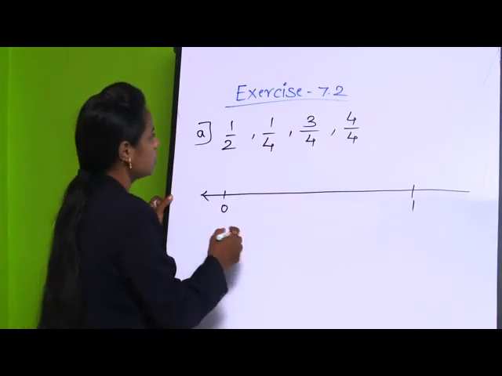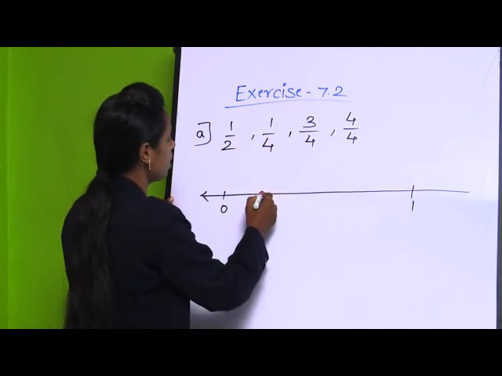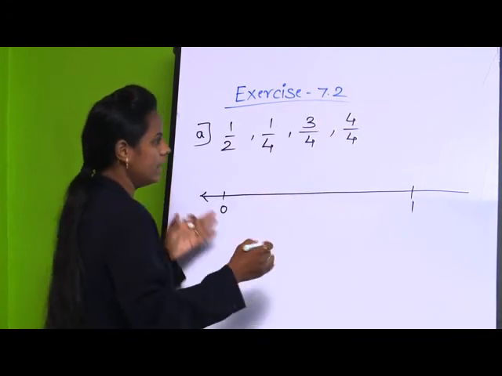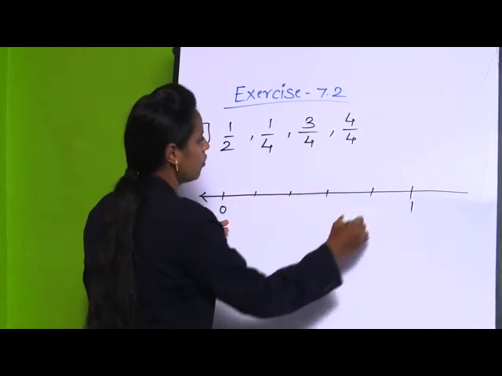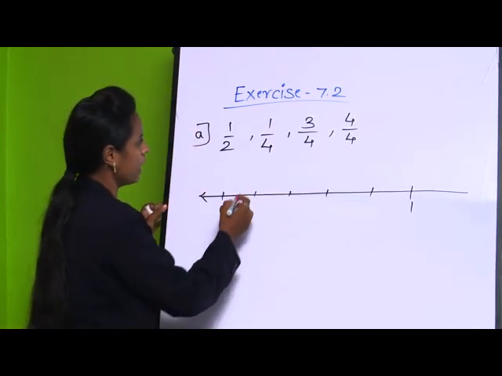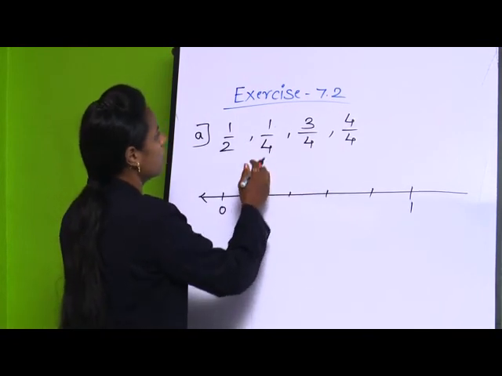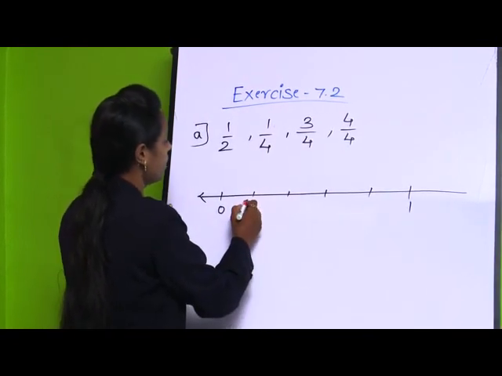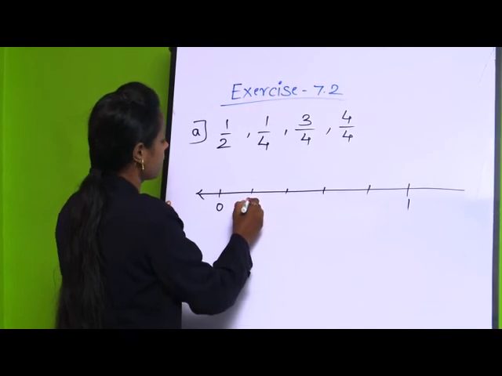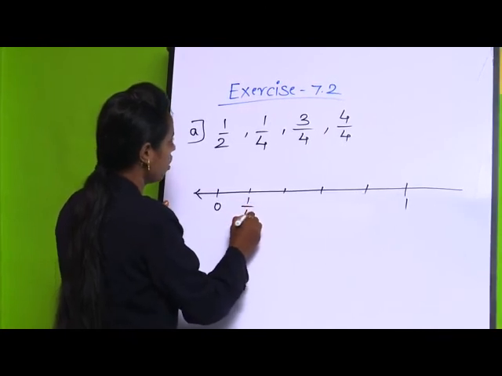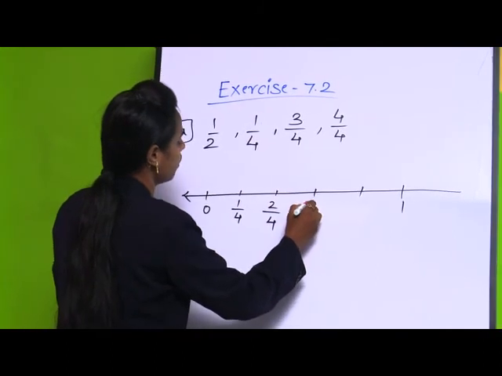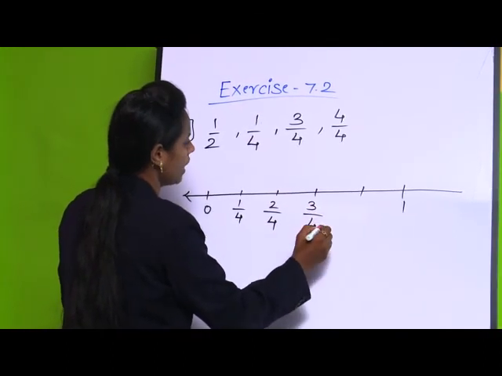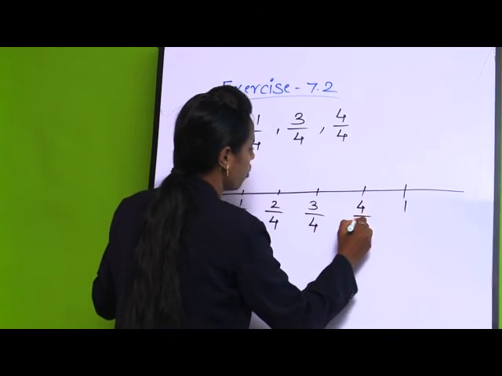So we will divide this: 1, 2, 3, 4. In such parts we have to divide. So we have 1 by 4, here we have 2 by 4, here we have 3 by 4, and here we have 4 by 4.